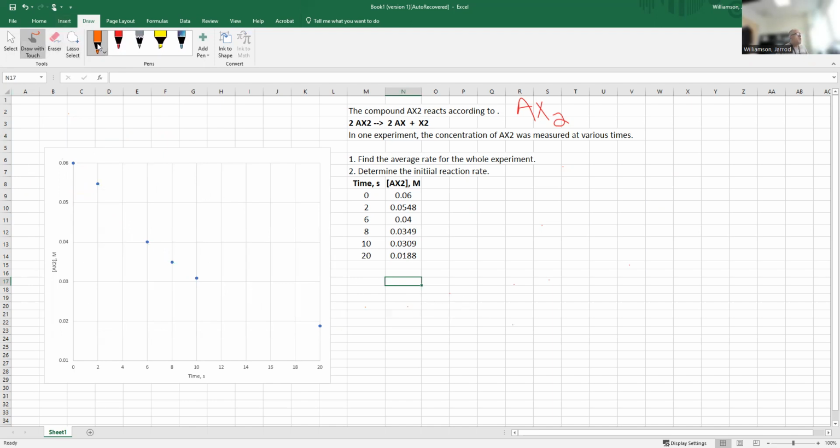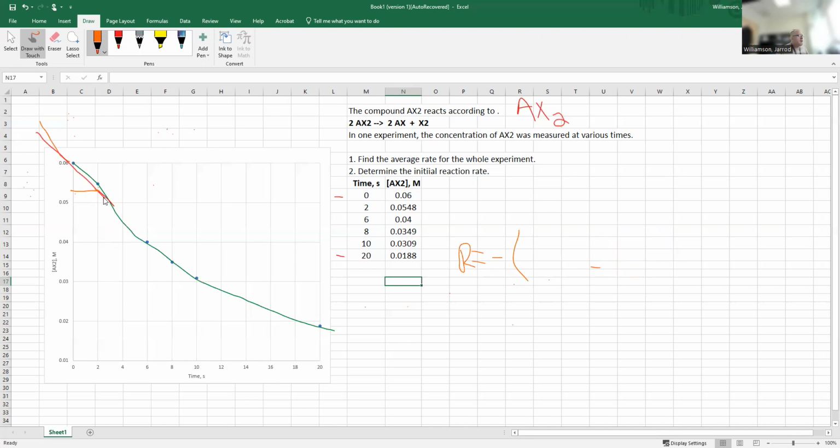So I'm going to have here R equals minus 0.052, and that's at about 2 seconds. This is molarity.